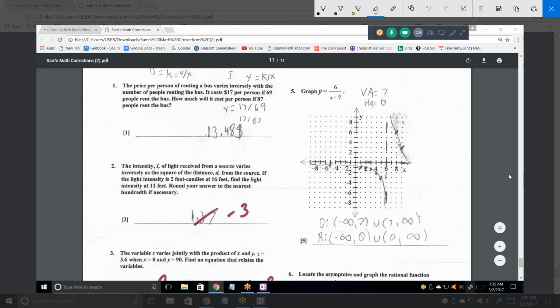So what's the general equation that fits here? If the intensity of light varies inversely as the square of the distance. So if I were to write this, the intensity of light varies inversely as the square of the distance. What is that going to be? There's a K in there. Where does the K go?